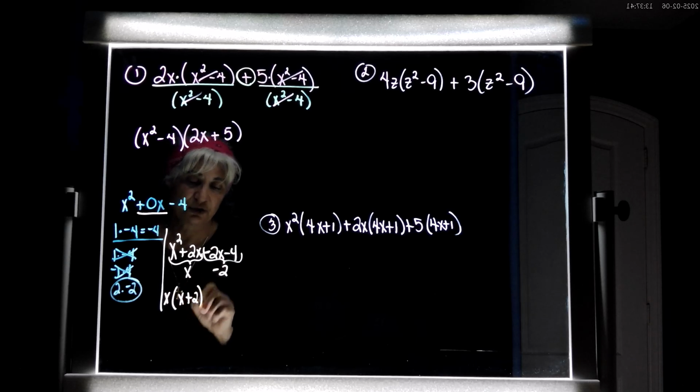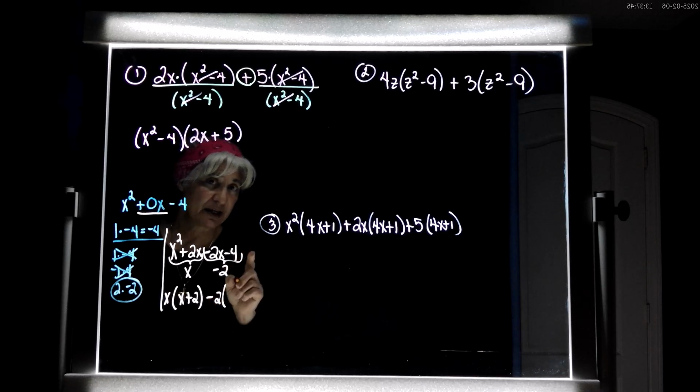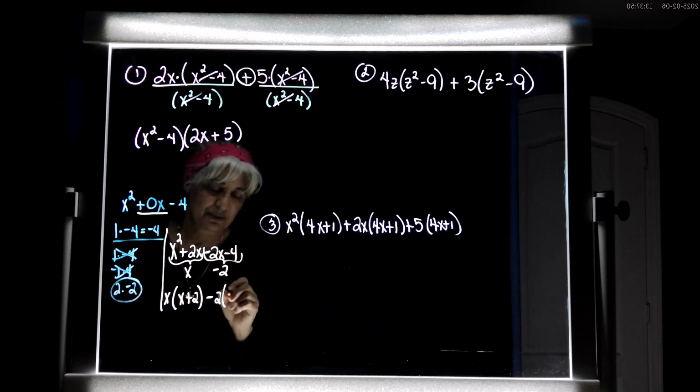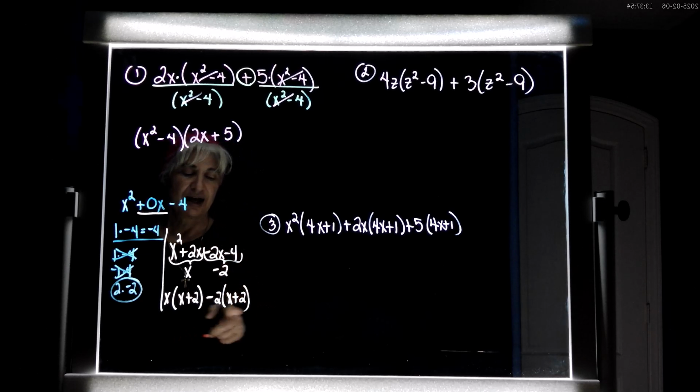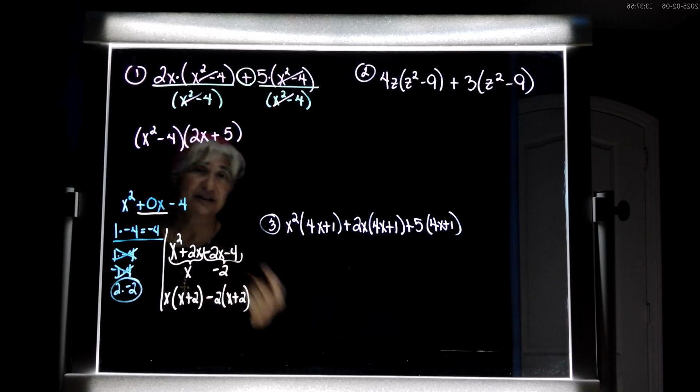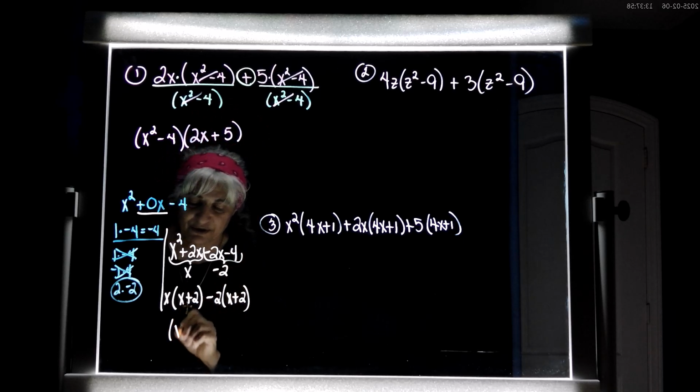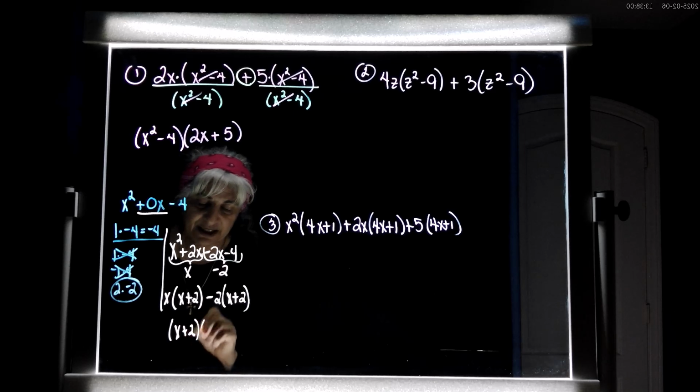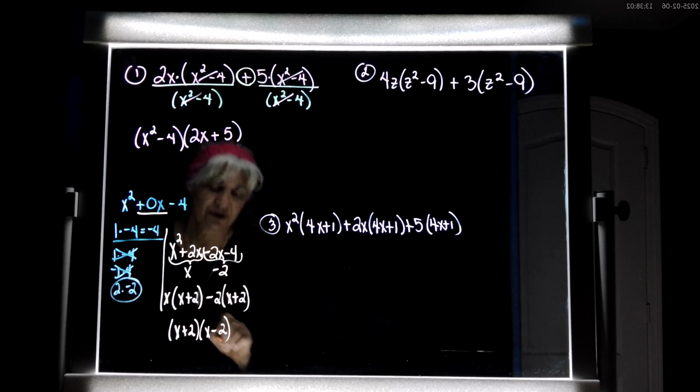X plus 2, good. Out of the second group, you took out a negative 2, what remains? Good. Negative divided by negative is positive. And that's positive also. This problem looks familiar, doesn't it? So we factor out an x plus 2, and you're left with an x minus 2, aren't you?